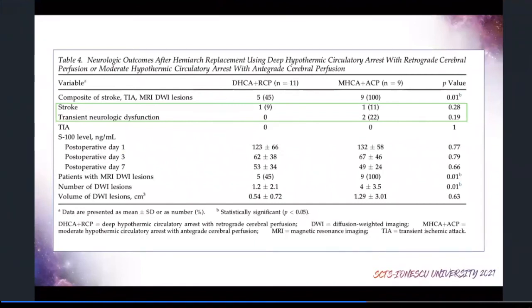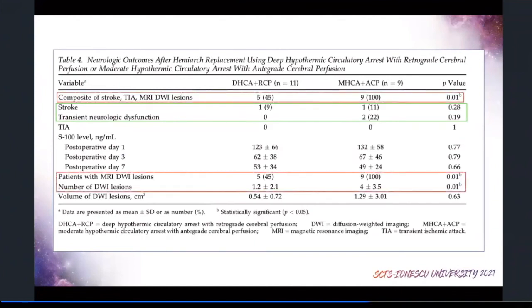This was looking at conventional means of clinical assessment, no difference. However, if you take the composite of stroke, TIA, and MRI lesions, 100% of the MHCA patients had evidence of a stroke either by clinical exam or the presence of MRI DWI lesions, whereas only 45% of the DHCA group had evidence of a stroke, which was statistically significant.